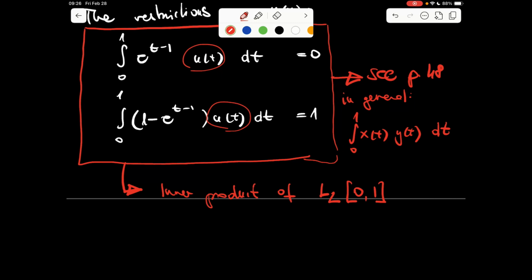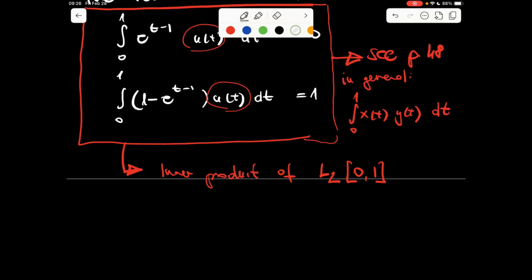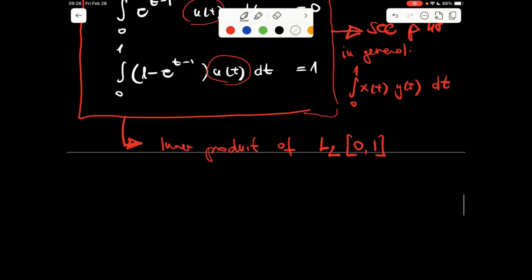So now we know that we are looking for a function u in this function space. And now everything is ready, and we can apply theorem 2 on page 65 on the function space L2.